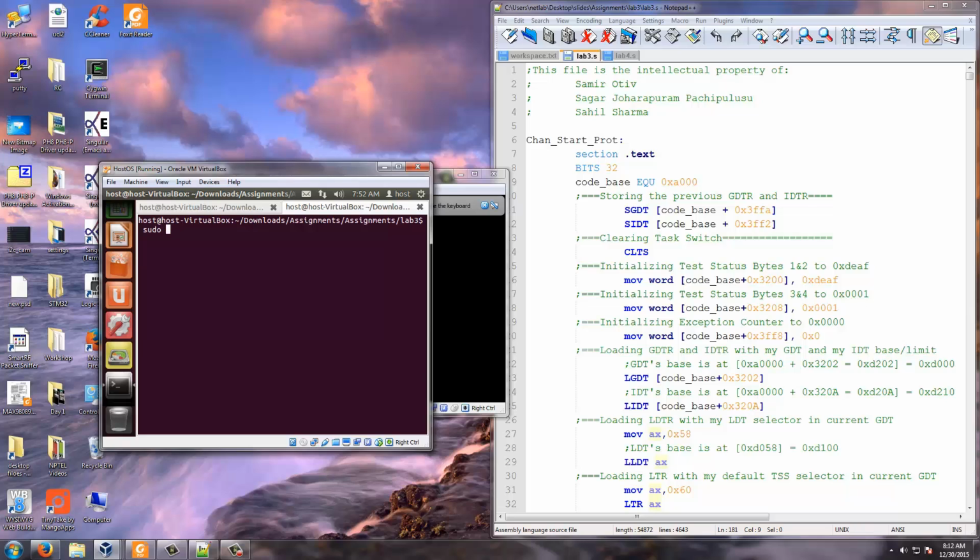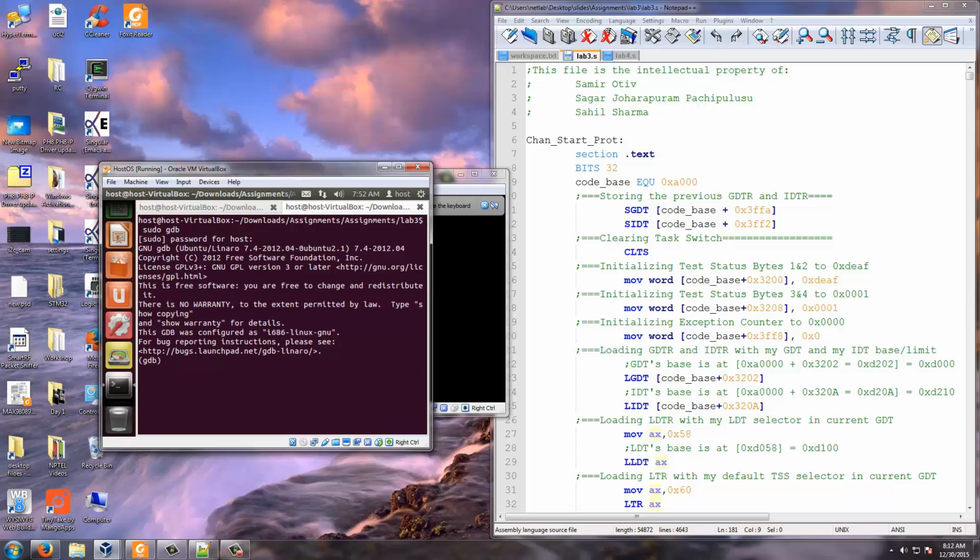So we have gone here, and we'll now go and say, so these are the typical commands.